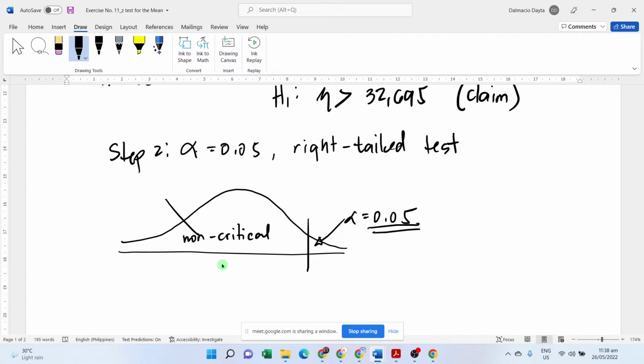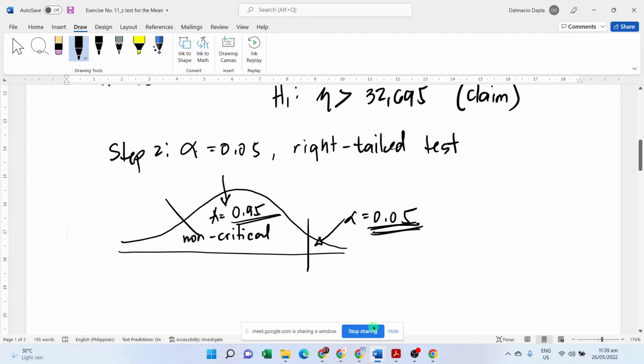So yung area nito ngayon, this is 1 minus 0.05. Area dito is 0.95 because the total area under the curve is 1. Now, ito yung titignan ninyo dun sa Z table. What is the corresponding Z value dun sa mga positive side?